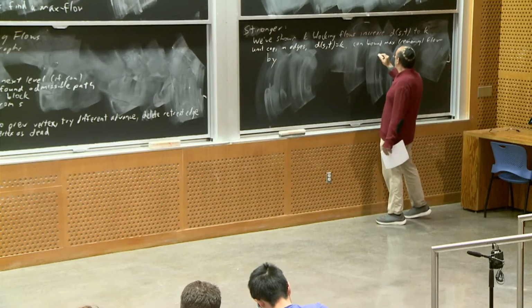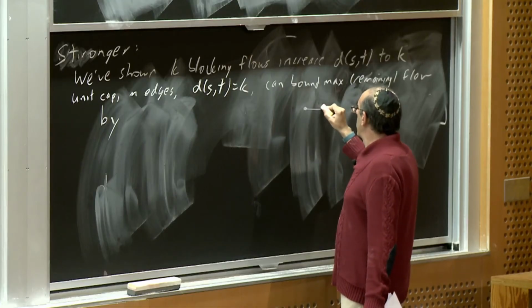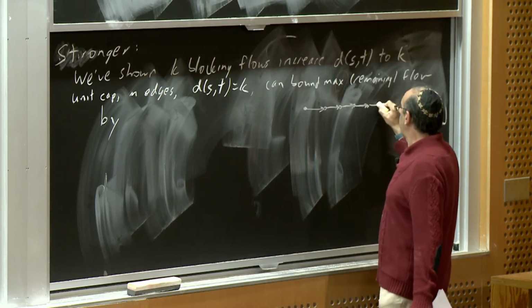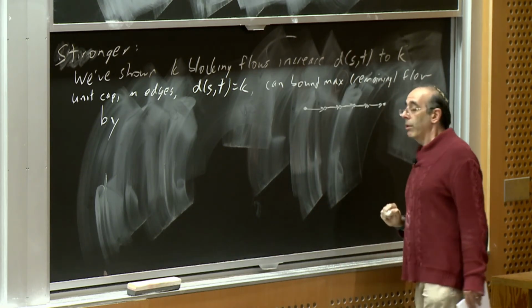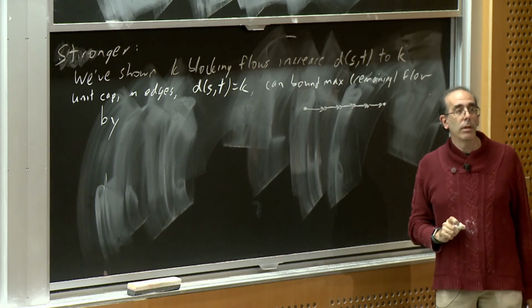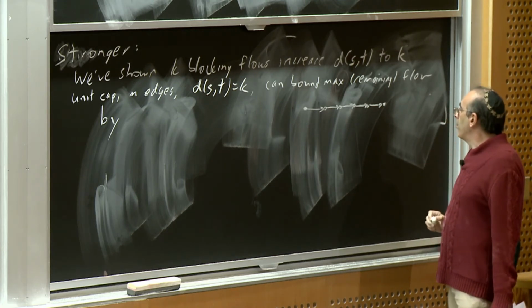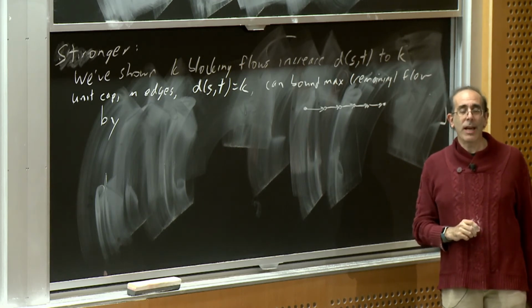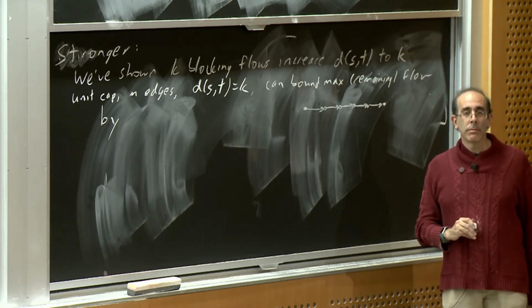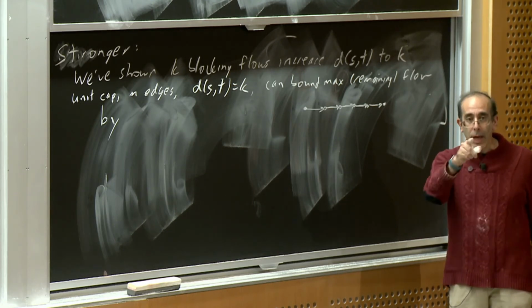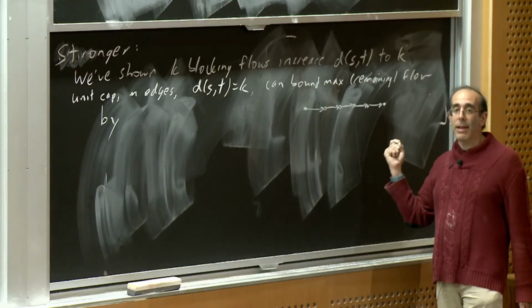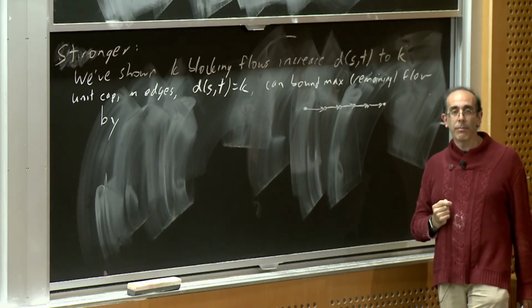To remind you of the conversation we had, here's a graph with n edges, but it doesn't have n flow, right? Why doesn't it have n flow? Yeah? They're too far apart. They're far apart, and so every flow path uses up a lot of edges.